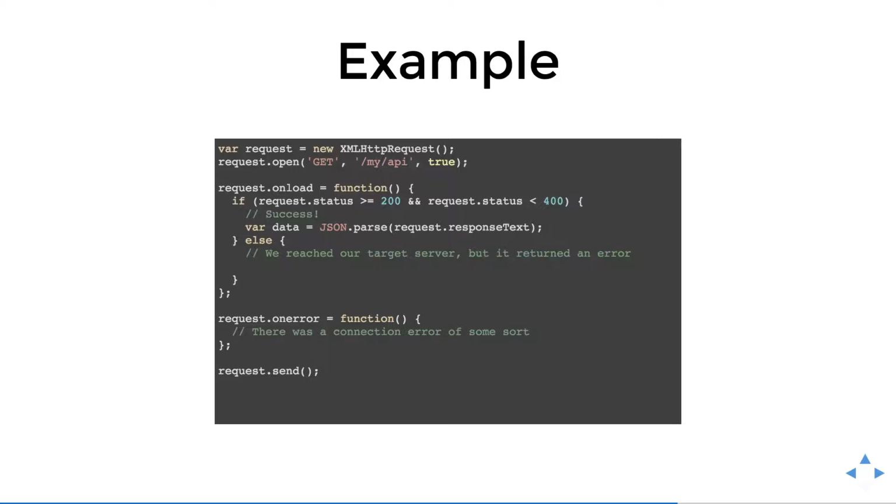You open a request. You add listeners to events, like this request is going to send an event and say, hey, I've loaded, I'm done. You say, hey, when you're done with this, here's a function that you need to do next, right? In this case, when it's loaded, we make sure the request status, the HTTP code coming back, is between 200 and 400 essentially. If it is, we're going to parse that data as JSON, right?